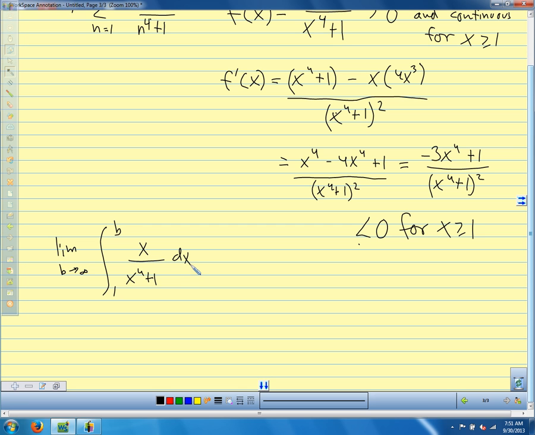What are we going to do with this integral? Usually we do partial fractions when the degree of the denominator is larger than the numerator. So we could do partial fractions. That would work. Is there an easier way? Anybody see an easier way?